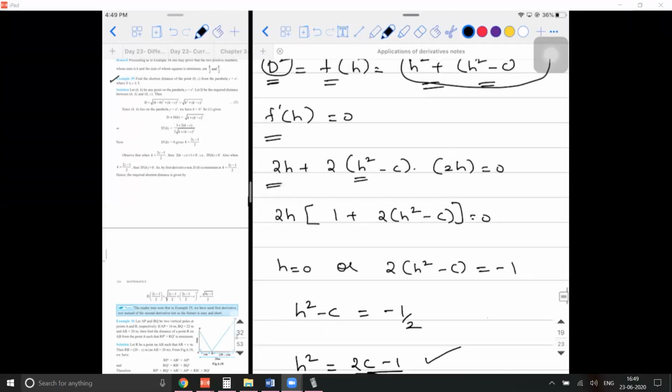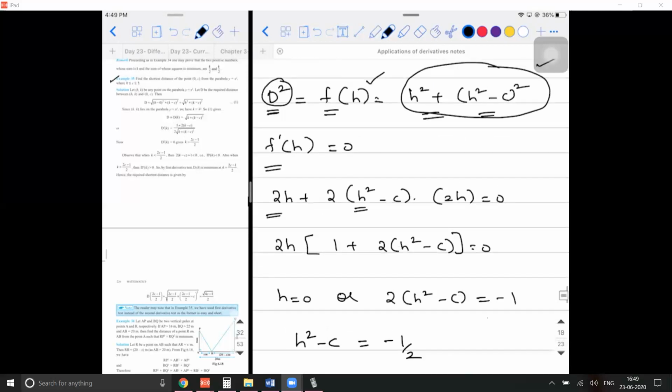Now I'm asking, for it to be minimum, what is it I need to prove? I need to prove that f double dash of h is greater than 0. Do it.